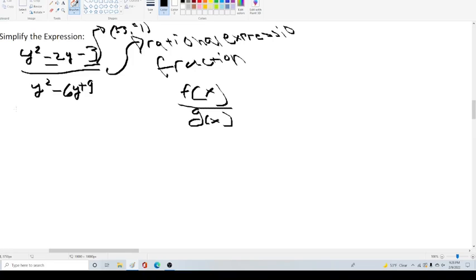Alright, so we're going to factor out the top. So we're going to have two factors. Each of them has one y. One's going to be plus, one's going to be minus. Well, which one's which?